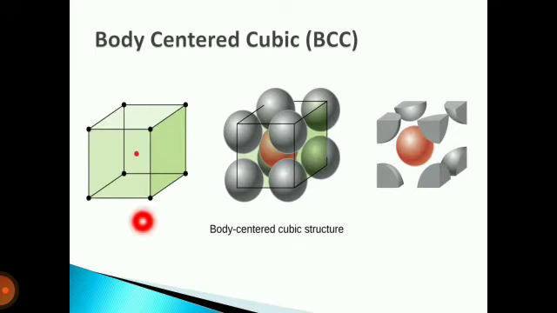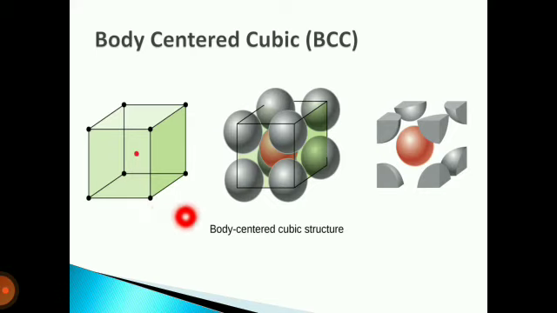This is a unit cell of the BCC crystal lattice in which all 8 corners of the cube are occupied by atoms, and at the center of the unit cell there is one atom present inside the body of the unit cell, which is represented as the red dot here.